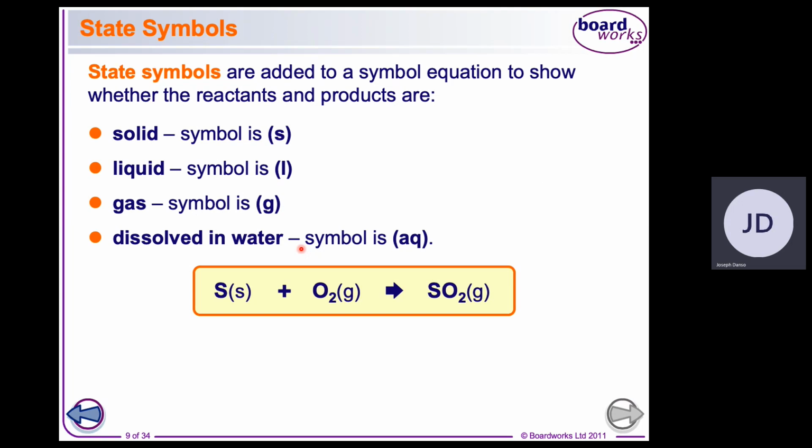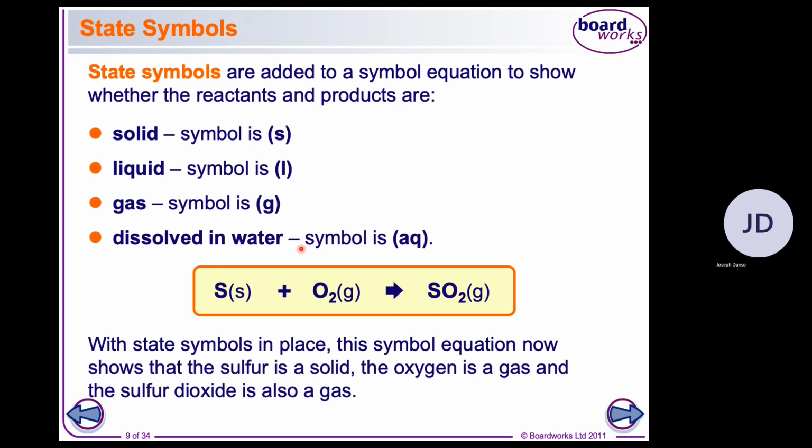Again, let's go back to our sulfur, S plus O2 to form SO2. In this case, if we add state symbols, we will show that the sulfur is solid, the oxygen is a gas, and our product is also a gas. The sulfur dioxide is a gas.